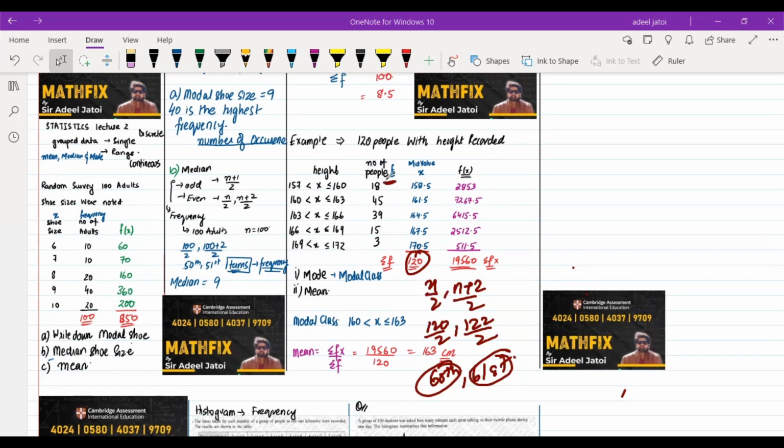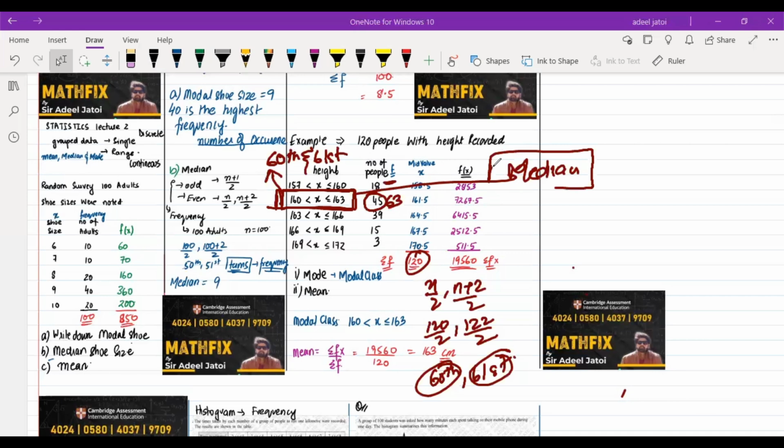Obviously 18 does not have 60 and 61 in it, but we'll add 18 and 45. When we add 18 and 45, we get 63. That means the 60th and 61st frequency will lie under this range, so this will be your median.